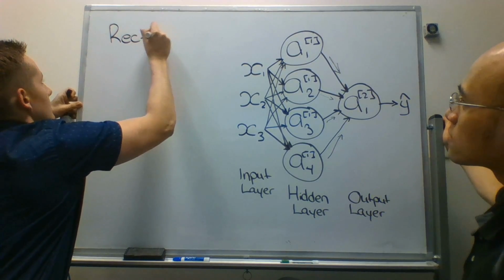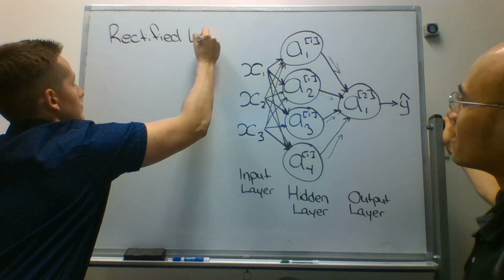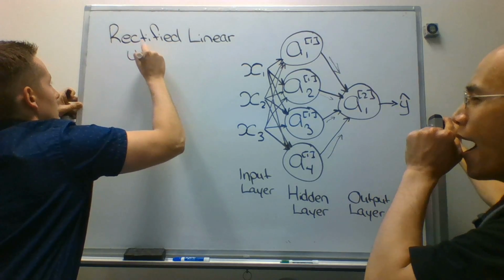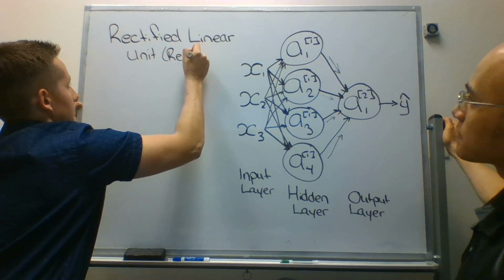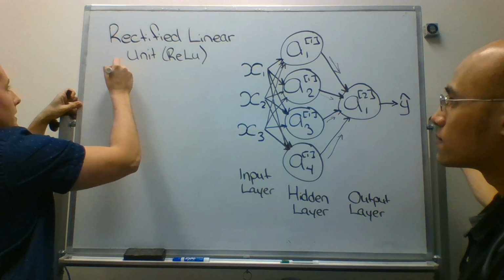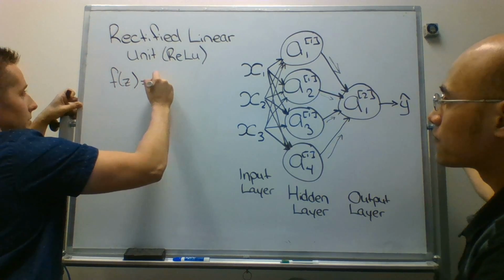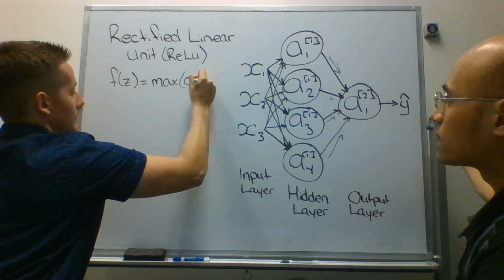So this function is the rectified linear unit, or ReLU. The function here is f of z equals the maximum of 0, comma, z.